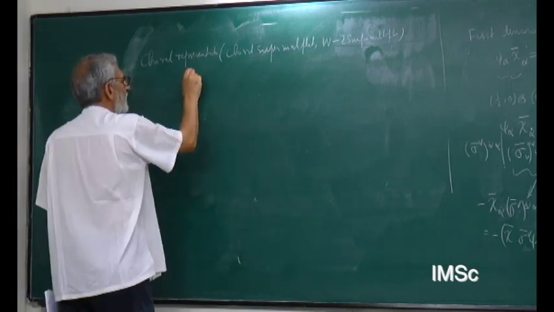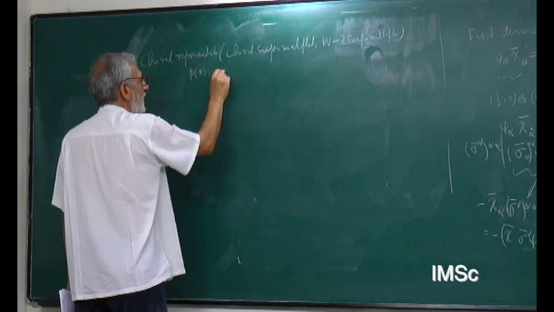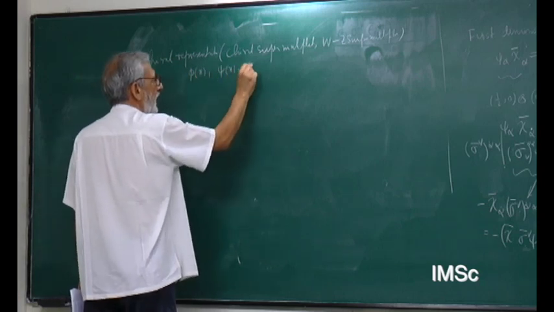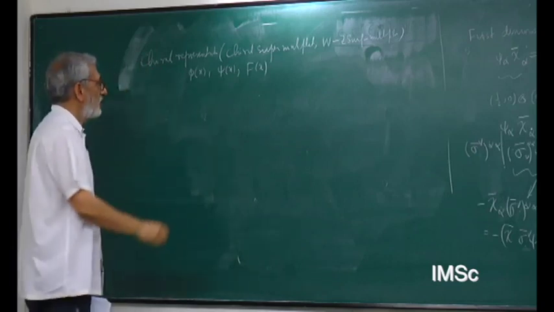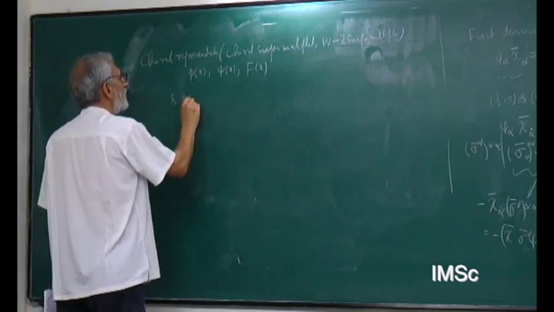Made up of a complex scalar, a fermion and another scalar F of x. With the transformation rules, let me summarize that.